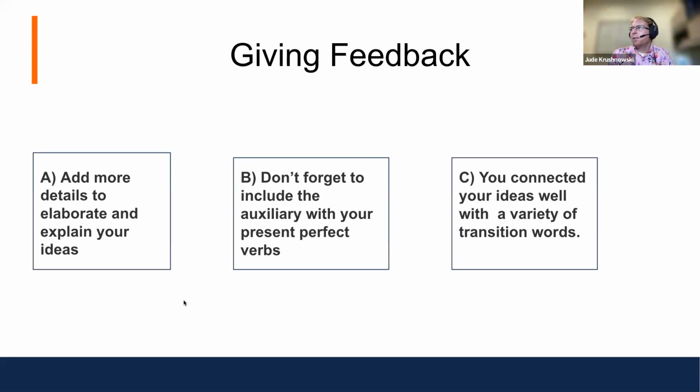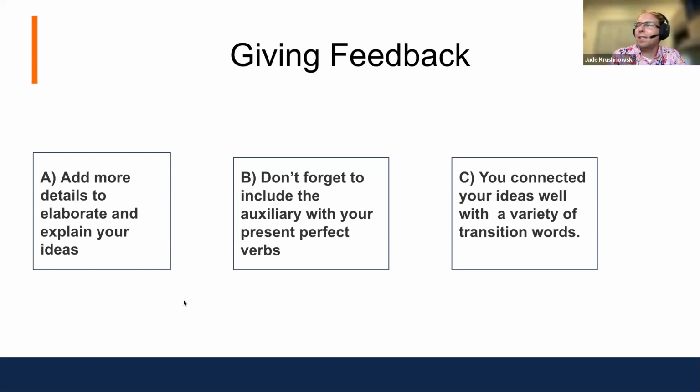What about these examples of feedback? Does any of these stand out to us? No on B. All right, Aaron is not a fan of B. Yeah, cosigned, no on B. Don't forget to include the auxiliary with your present perfect verbs.